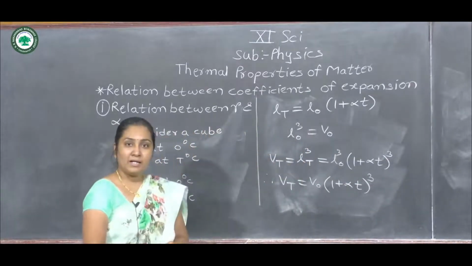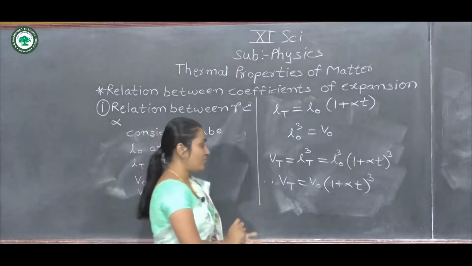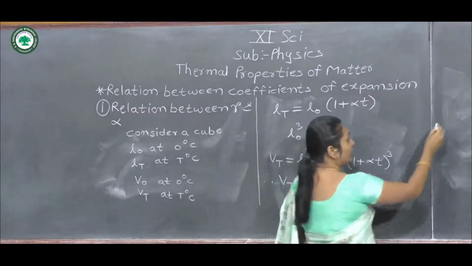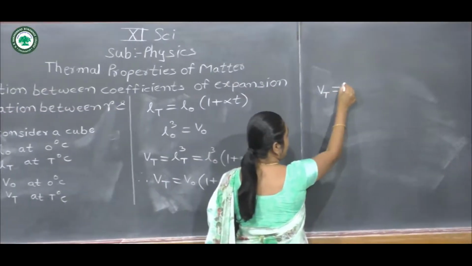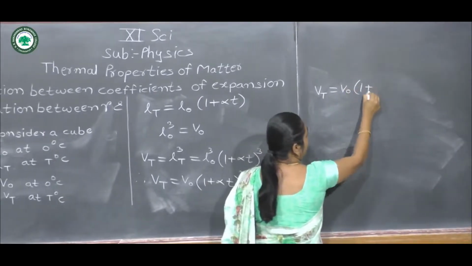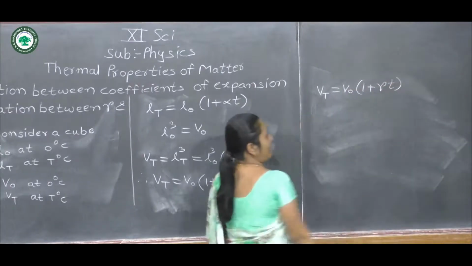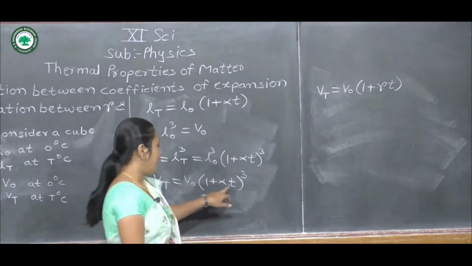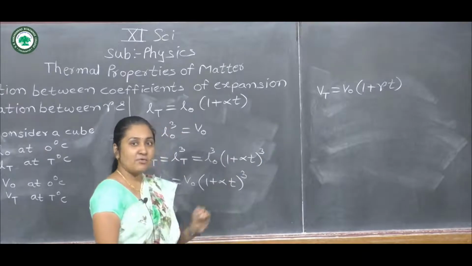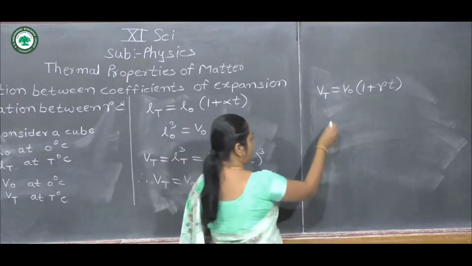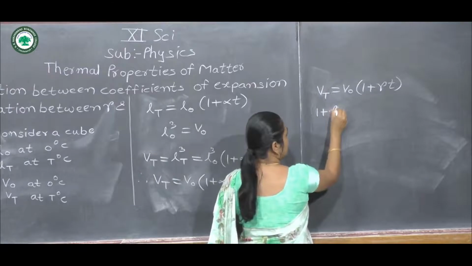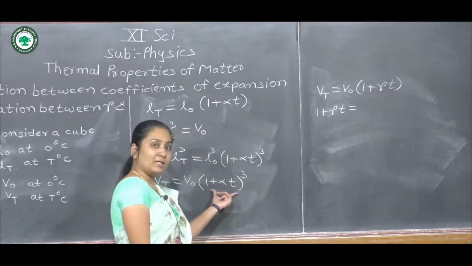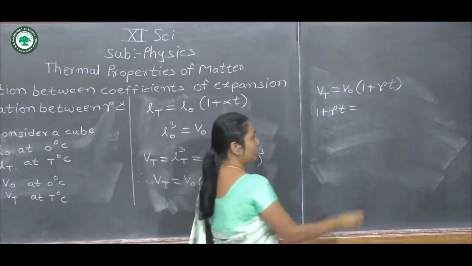Similarly, from the coefficient of volume expansion we have Vt is equal to V0 in bracket 1 plus gamma T. By comparing these two equations, 1 plus gamma T is equal to 1 plus alpha T bracket cube.